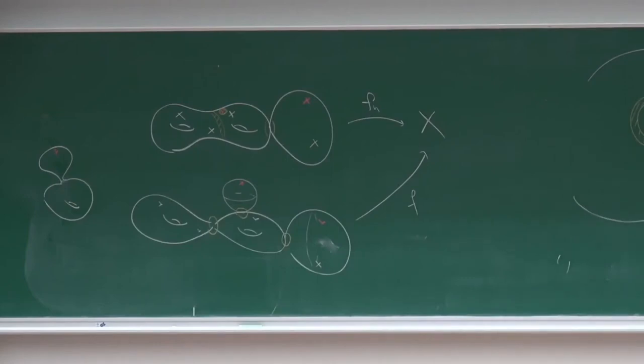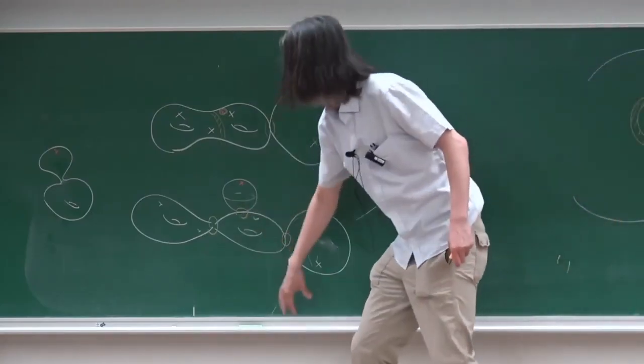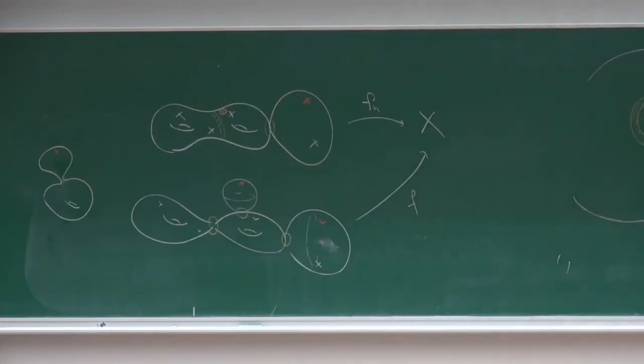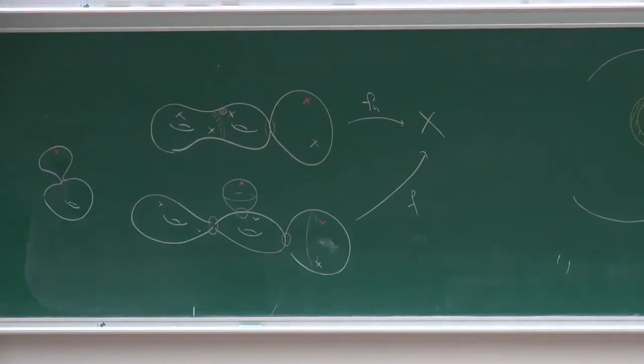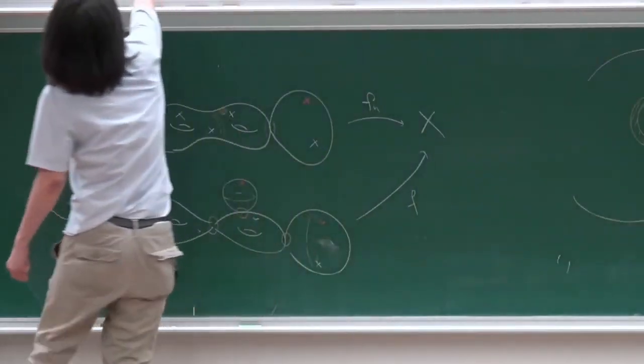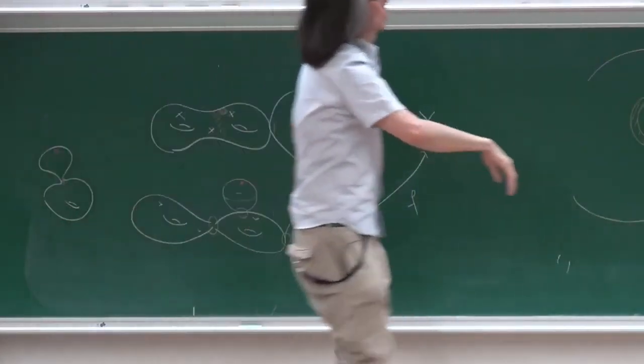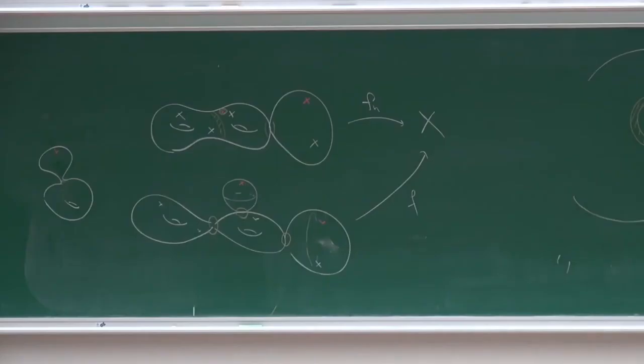In fact, in this process, we may get more components, and we have to throw away some of the components if you forget this. So first I have this, but what we want to talk about is the convergence from here to here. So somehow we want to forget this at the end.